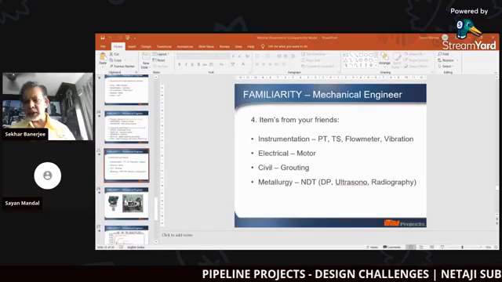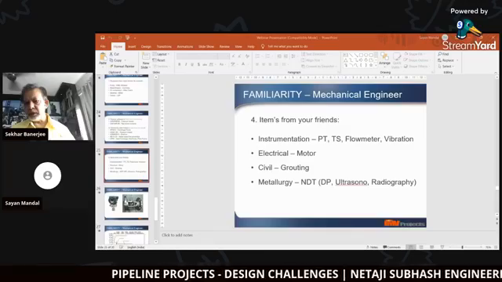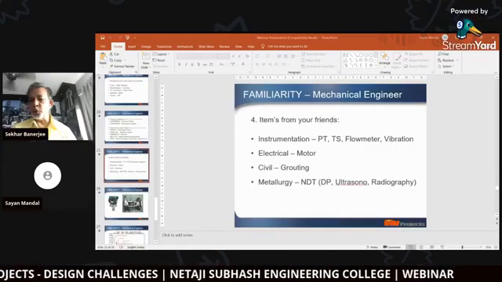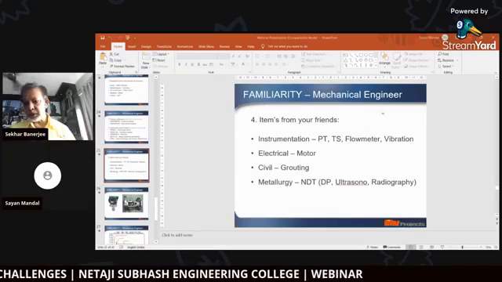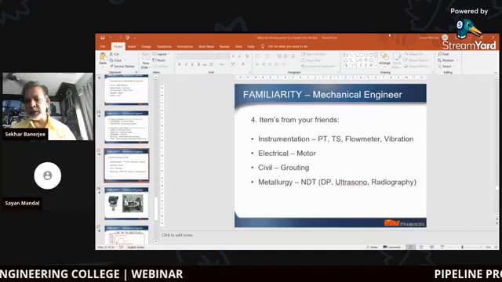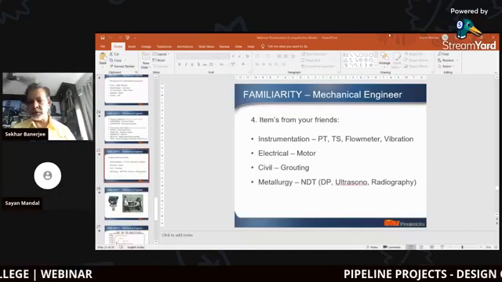The pump will come on the same base plate installed with a motor. So you need to know what type of motor you have to buy, because you are ordering that equipment. You are going to inspect the whole item. Your electrical friend will not go for this. You have to learn.